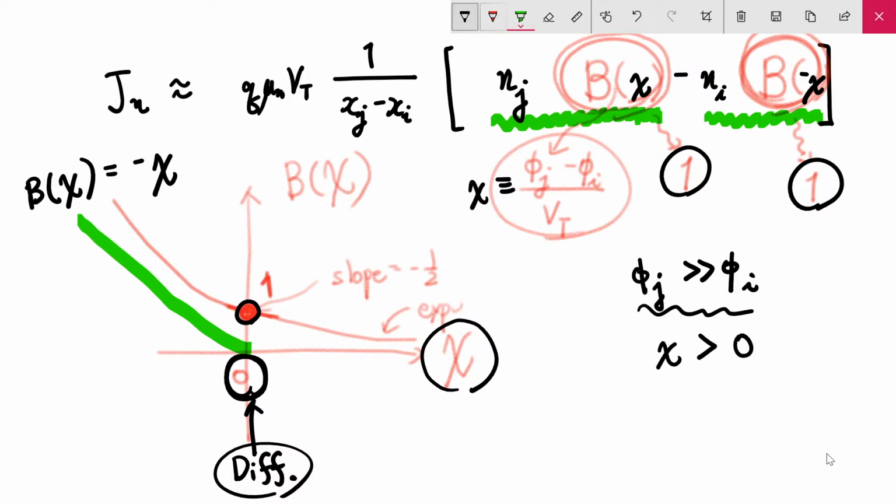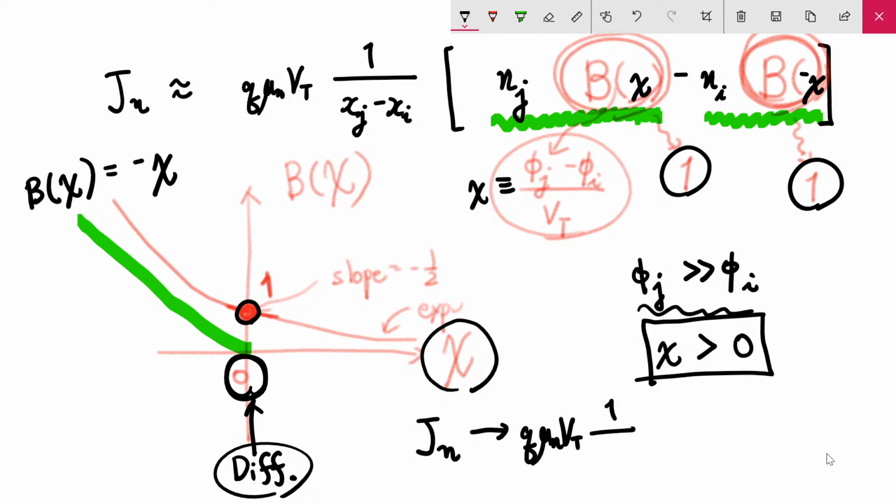So if I write down the case where chi is much larger than 0, I can certainly say that it is now approaching q mu n, all kinds of leading coefficients, and now we will have here n i.